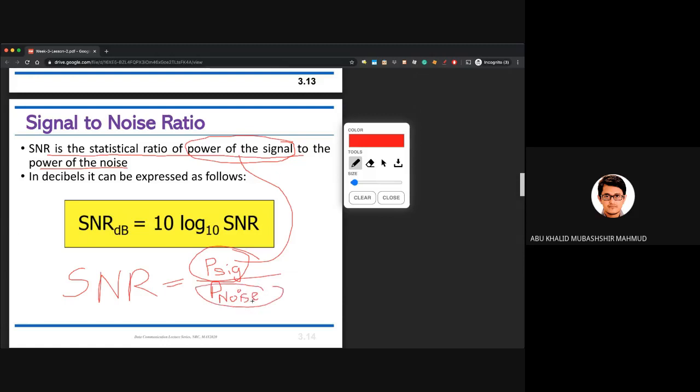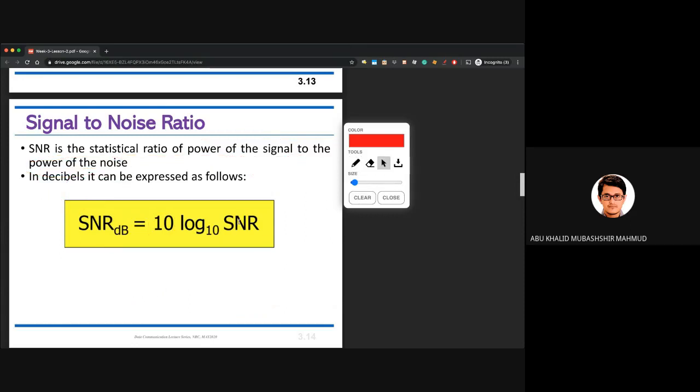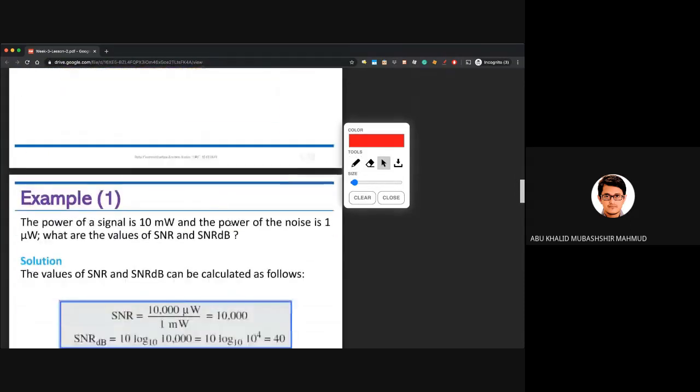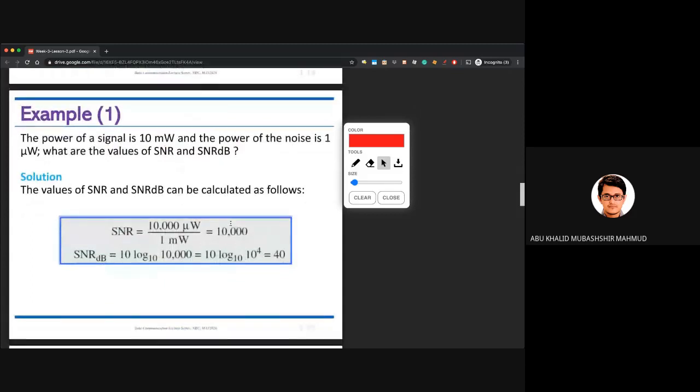This is how we represent it mathematically, but we also have to know the decibel representation of signal to noise ratio, SNR_dB, as we call it. We take 10 times the log to the base 10 of the signal to noise ratio, and I think you get that. So let's move on forward. If you have any problem, you should contact me.